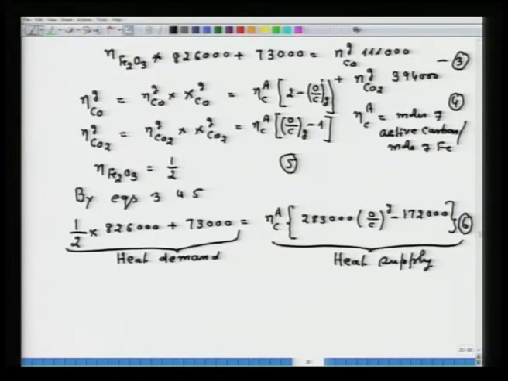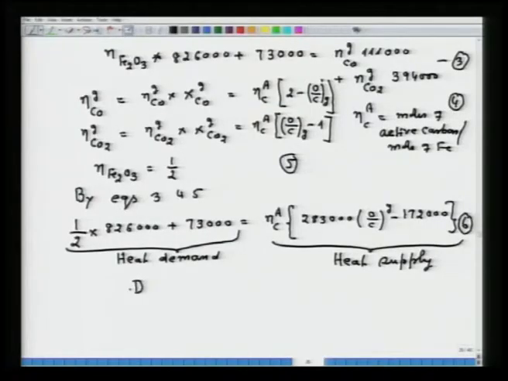Now, the heat demand is a variable. Suppose you are charging iron ore, then gangue and slag are coming out also, so the heat demand is a variable, whereas the heat supply, if it is coming only from carbon, in the absence of any other heat supply, is a sort of constant value.